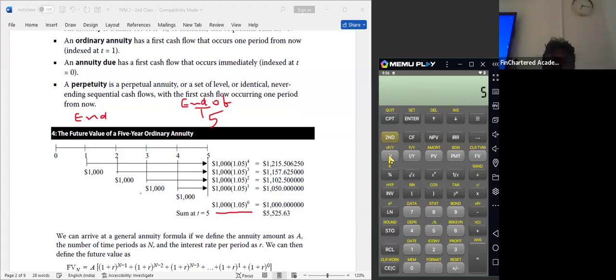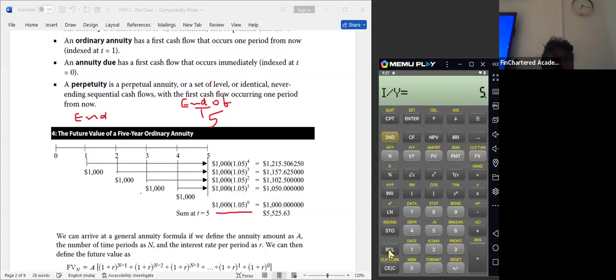Once I have N as 5 and PMT as 1,000, it has captured all the 5 payments that I'm going to make periodically. Then I should not take anything in my PV. PV has to be 0, because there is no lump sum investment there. And I have to take my I/Y as 5, because I'm getting a return of 5%.